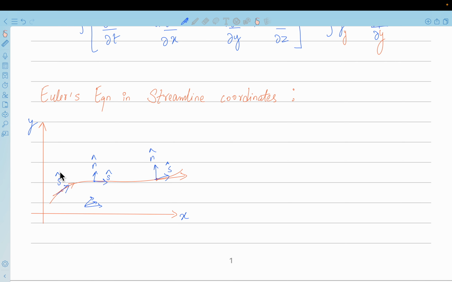So the streamline coordinate is not in a fixed direction when you look from the xy coordinate, but that's fine. I'm basically moving along the streamline, seeing what is happening in the flow. So now I have changed my frame of reference. Okay, so now we'll write the equations.